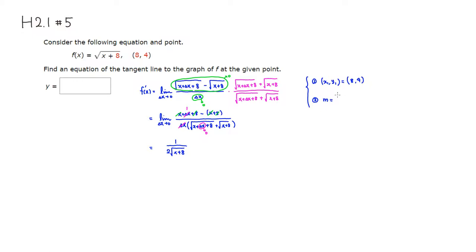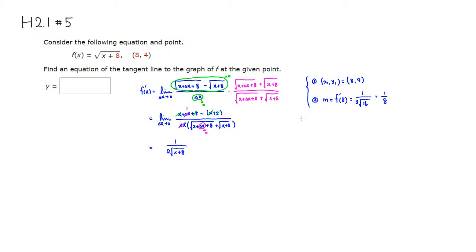The slope m can be found by looking at the derivative and plugging in the x1 value, in this case 8. So this is going to be 1 over 2 times the square root of 8 plus 8, which is 16. The square root of 16 is 4, 4 times 2 is 8, so you have 1/8.